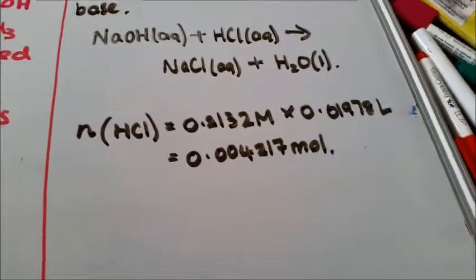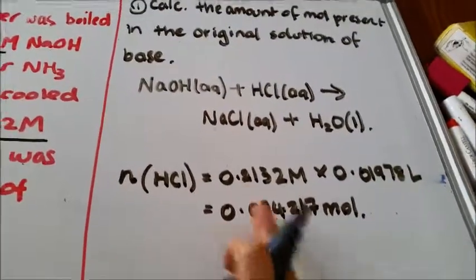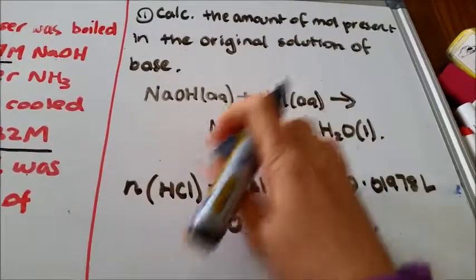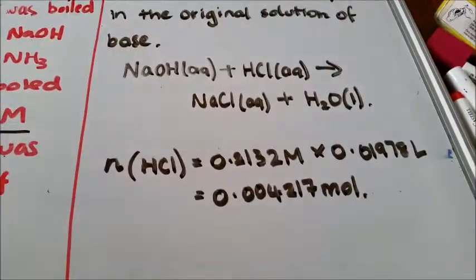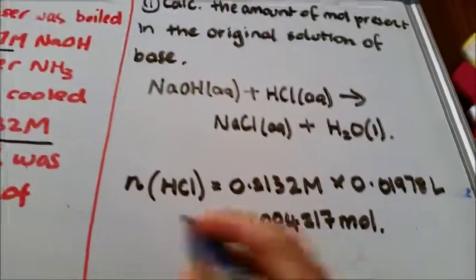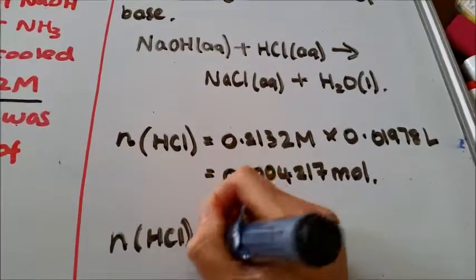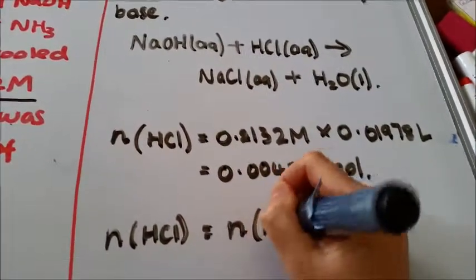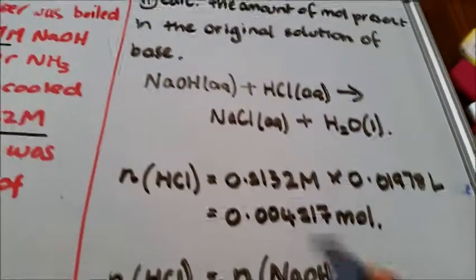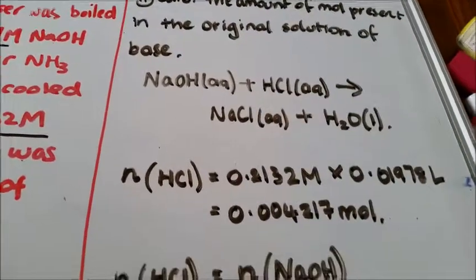The second step is to see how much of our base, or our sodium hydroxide, is reacting in relation to our amount of mole of acid. And as we can see here, what we've got is a 1-to-1 relationship. So what that means is that our amount of mole of hydrochloric acid should theoretically be equal to our amount of mole of sodium hydroxide, indicated by our coefficient out the front of these two parts.